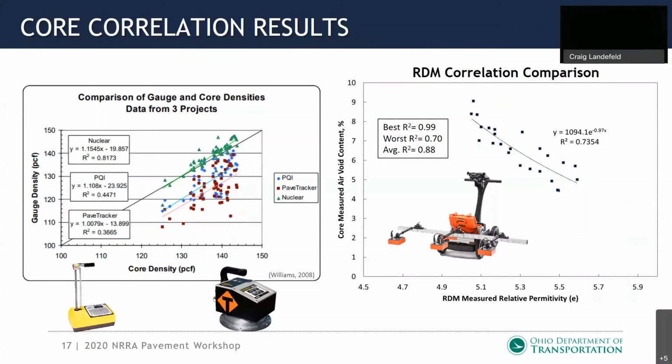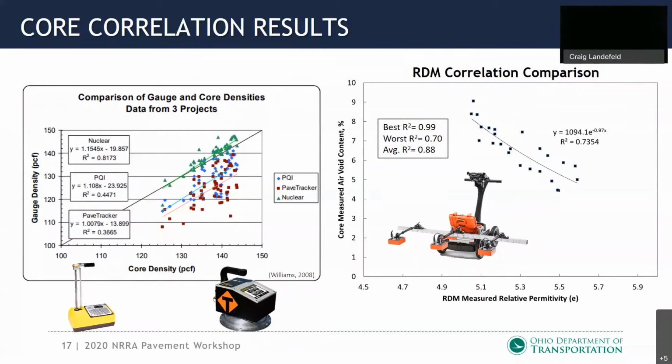So you can see the nuclear in their study, they found to have an R-squared value of 0.8173. The PQI was about 0.45. And then the PAVE tracker at the 0.3665 over there on the left.